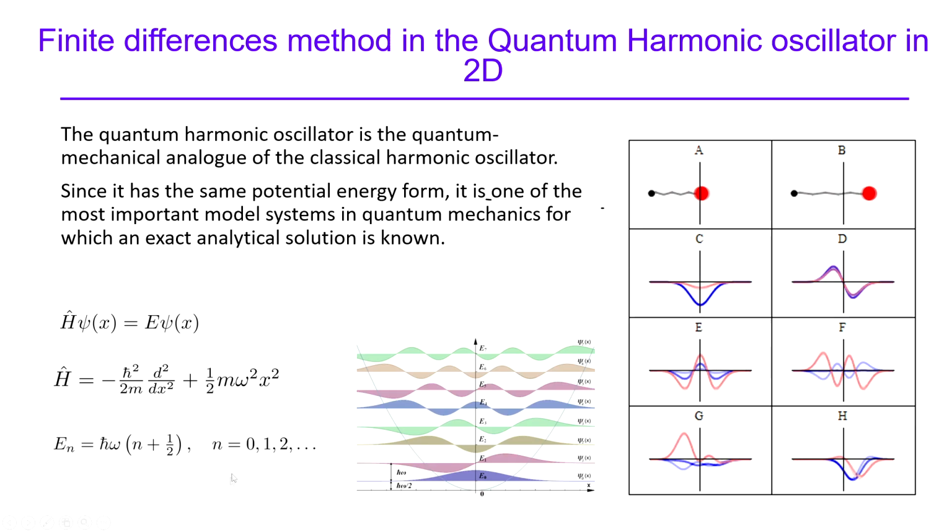When the state is zero, I mean the fundamental state, the energy is 1/2 h bar omega, and that is represented here. This is the energy for the fundamental state.